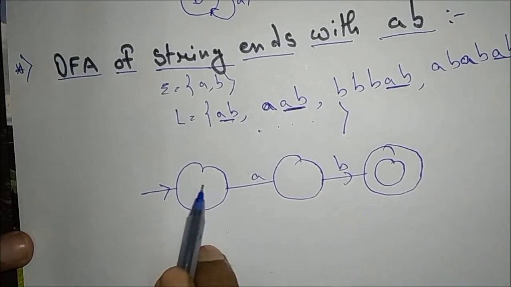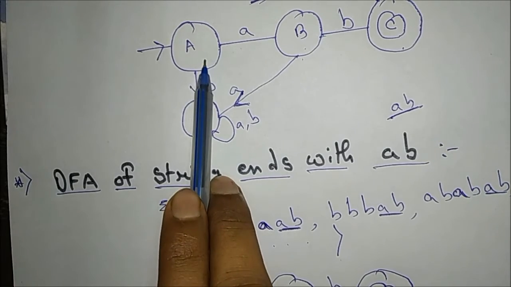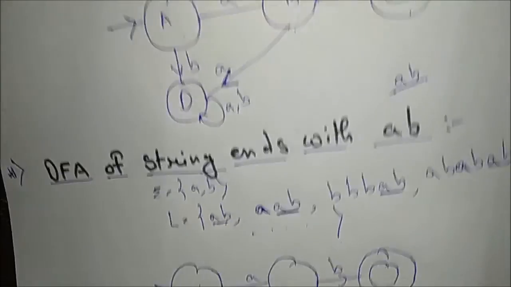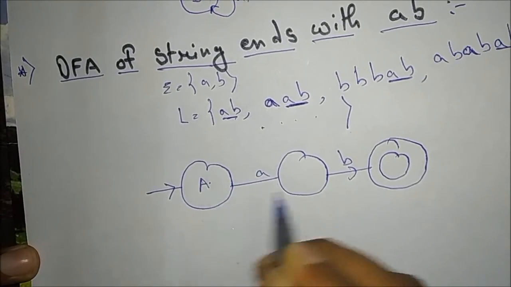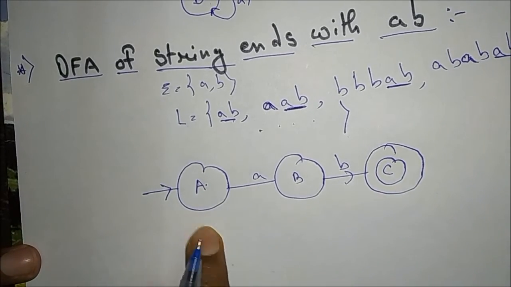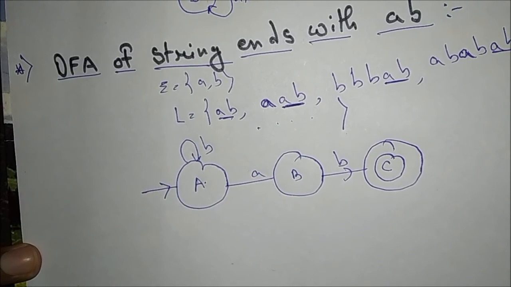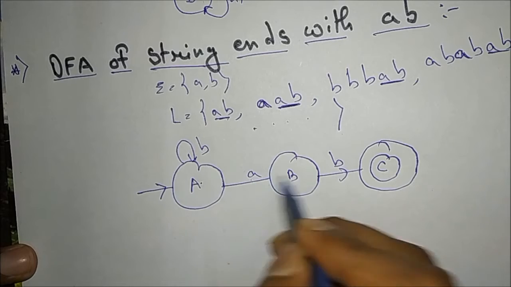Now if any number of B's come, in the above example, if in the A state B came, we would go to the dash state, but here we will not go to the dash state. Naming the states A, B and C, if any number of B's come in the first state, we'll accept it, because the string can start with B, and our condition is the string should end with AB.